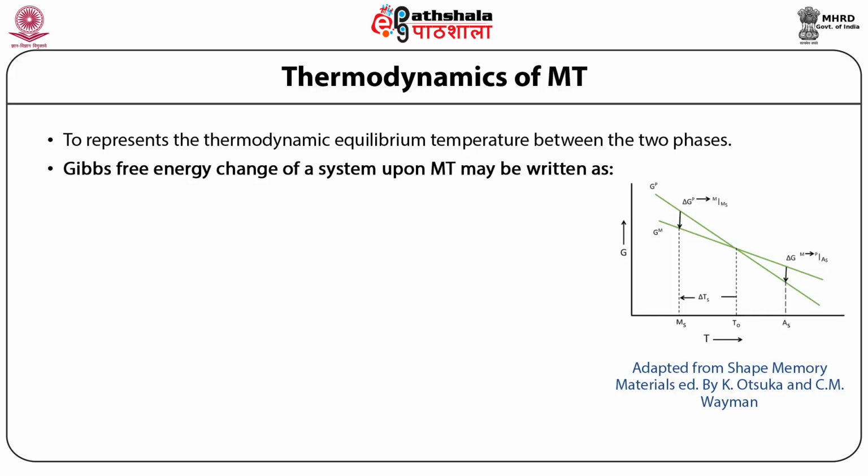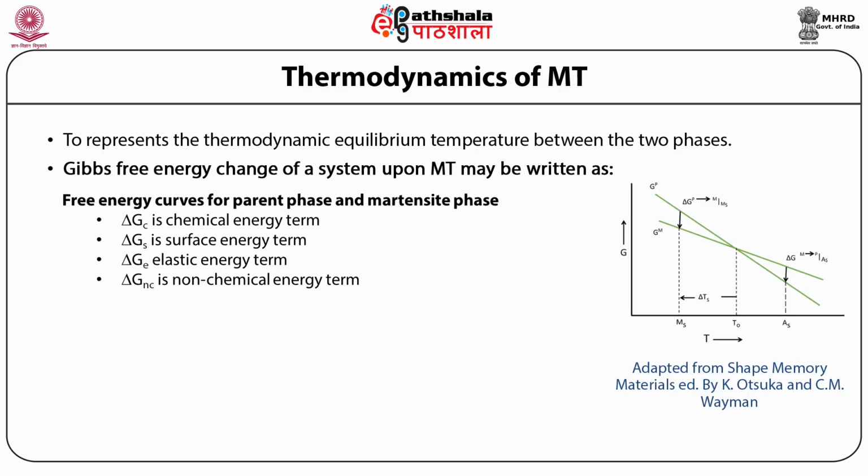However, this equilibrium temperature T0 cannot be measured directly. As you can see from this figure, delta GC is the chemical energy term, delta GS is the surface energy term, delta GE is the elastic energy term, and delta GNC is the non-chemical energy term.